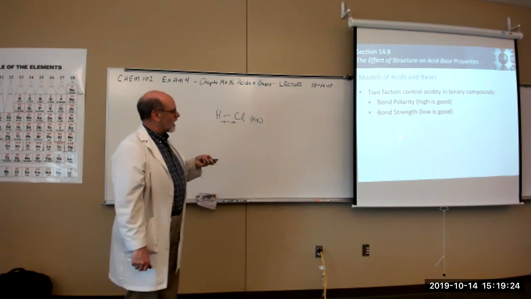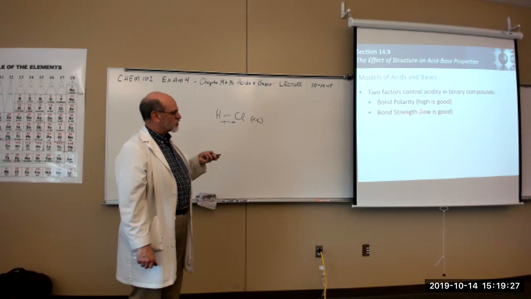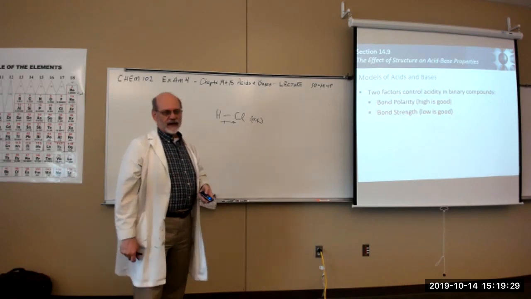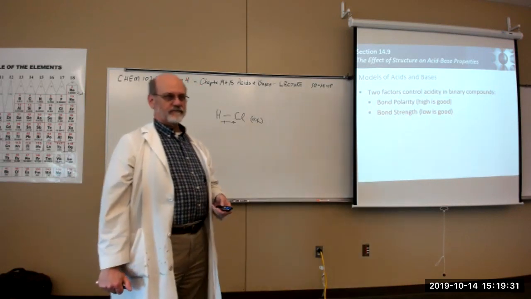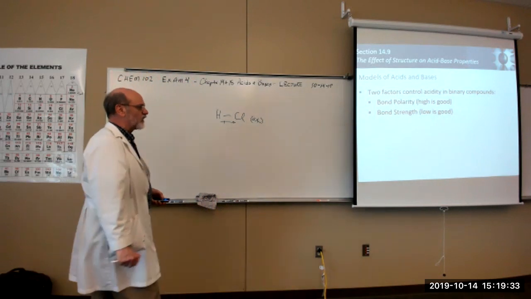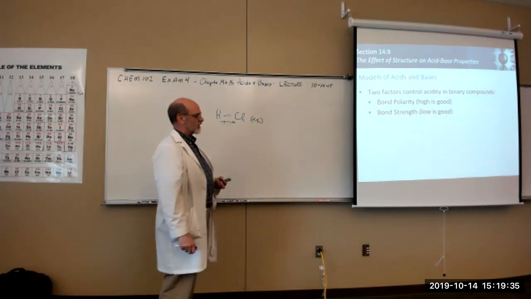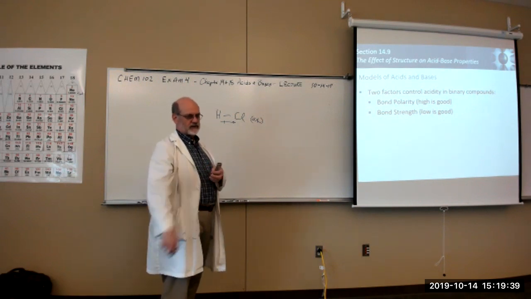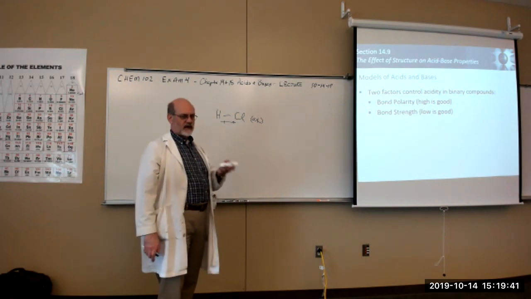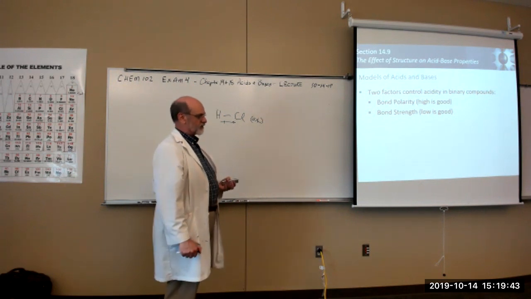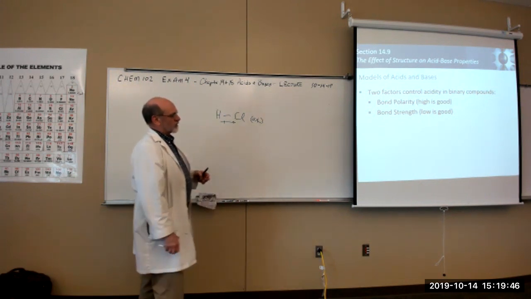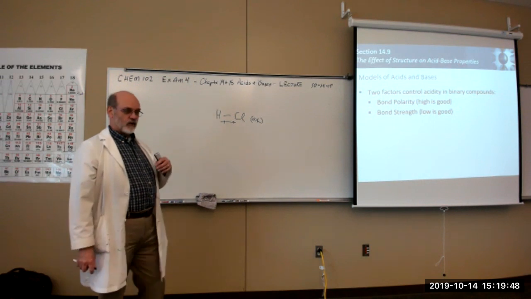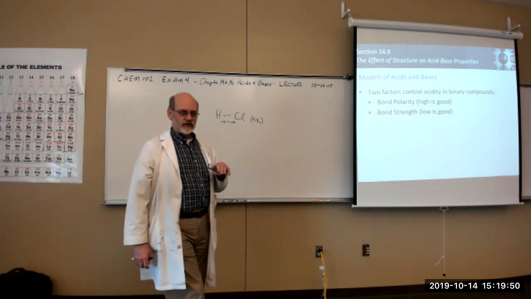Now, this concept is more useful for organic acids because you really are talking about the strength of a connection of a hydrogen ion to its associated atom. It might be a carbon, it might be an oxygen, it might be something else in an organic molecule. So for acidity, low bond strength is good.